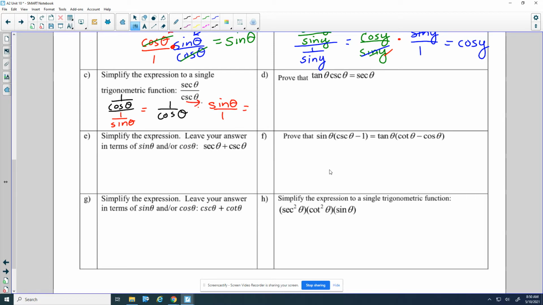So if I multiply across, I get sine theta over cosine theta. So we're still not at a single trig function, but working backwards, I know sine theta over cosine theta equals tangent of theta. So now I've simplified that down to a single trig function. So make sure you have that down. I'm going to erase it to do letter D though.